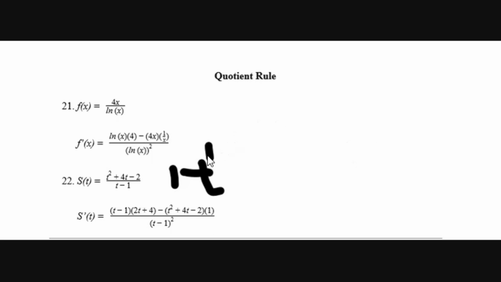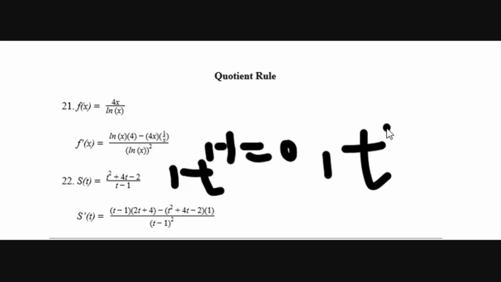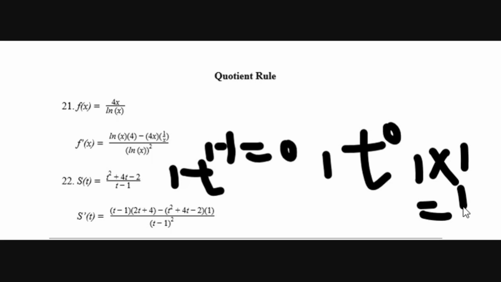And then you want to reduce the power by 1, so it's 1 minus 1, which is equal to a 0. So now you have 1 times t to the 0 power, and like I said, anytime you have anything to the 0 power, it ends up being 1. So ultimately, you get 1 times 1, which is equal to 1, which is why this is a 1 here.